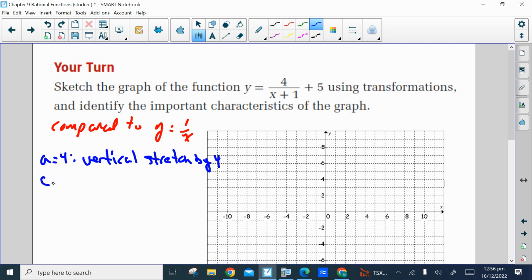We have a c value of -1, so the graph is going to shift 1 left. And a d value of +5, so it's going to go up 5.